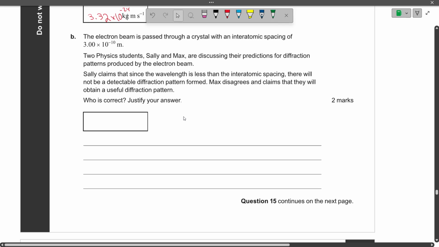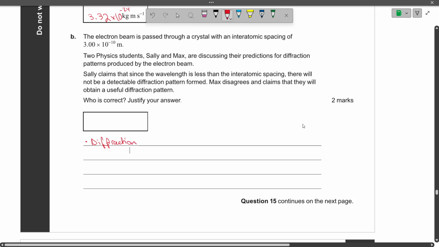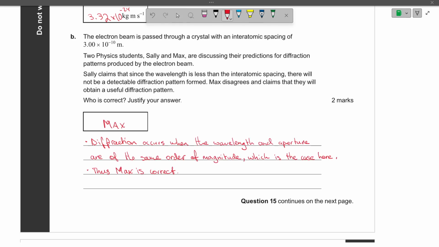Okay, so we'd say diffraction occurs, and I'm going to pause it here and write. I'll come back in a second. Alright, so I've said diffraction occurs when the wavelength and aperture, or the wavelength and the spacing of your crystal, are of the same order of magnitude, which is the case here.